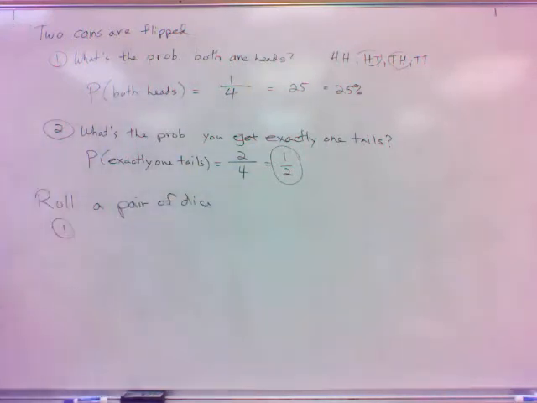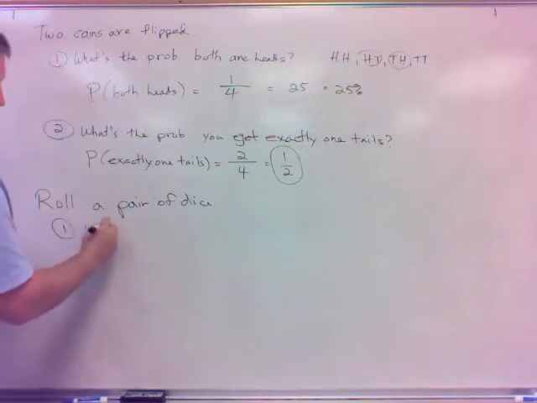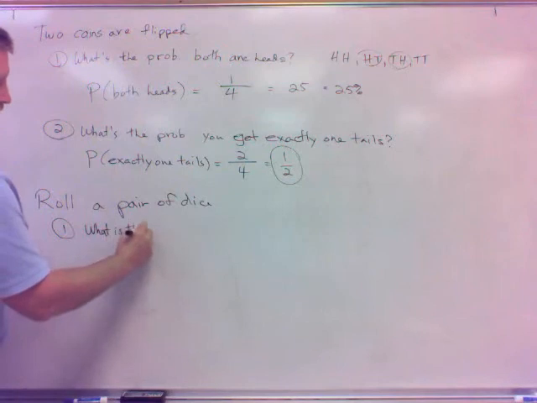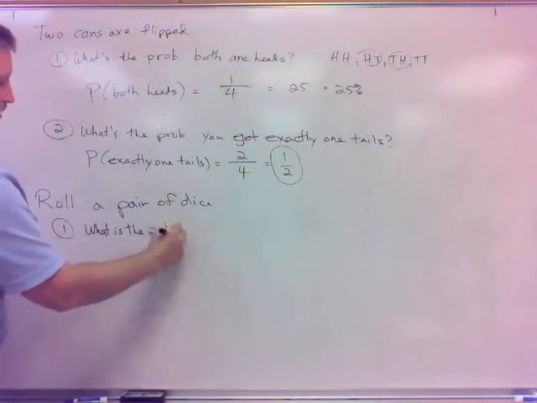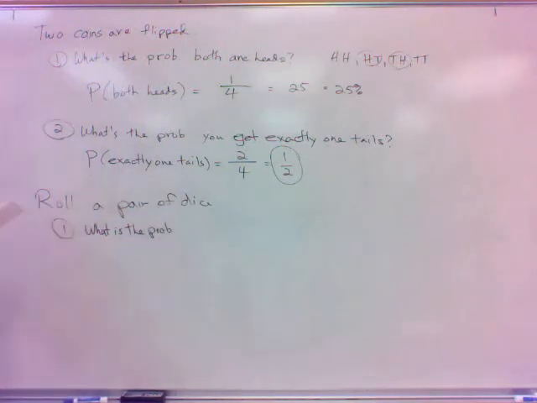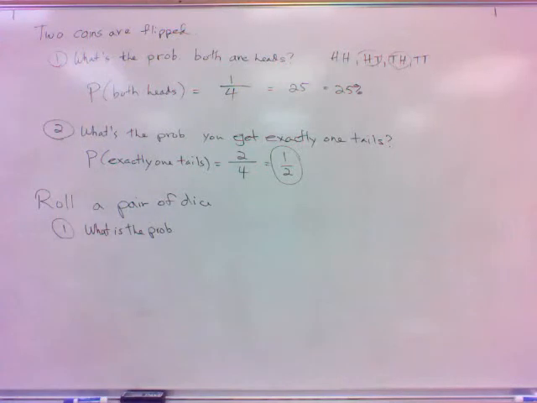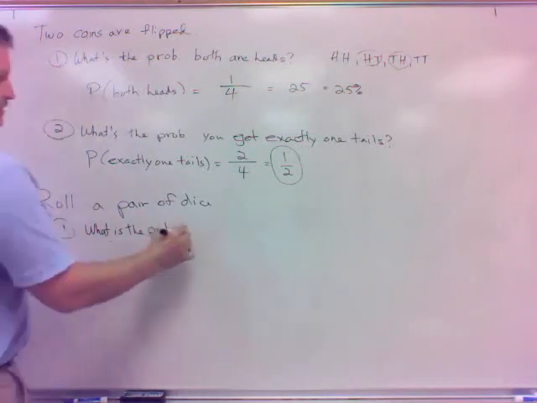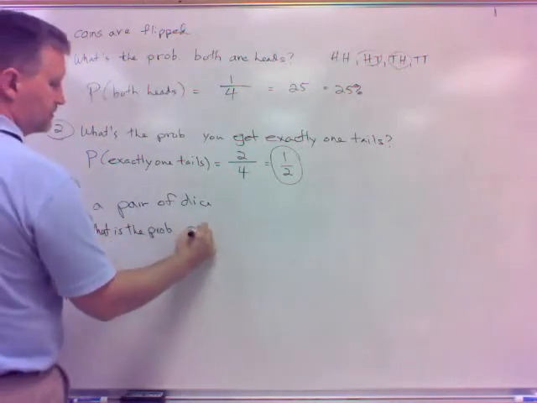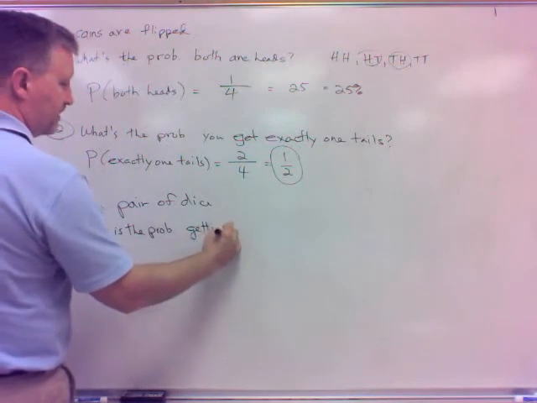Number 1 on it, let's say: what's the probability of getting a sum of 9?